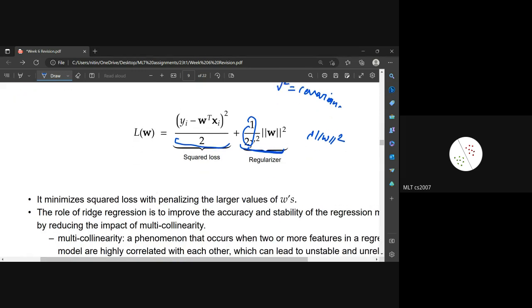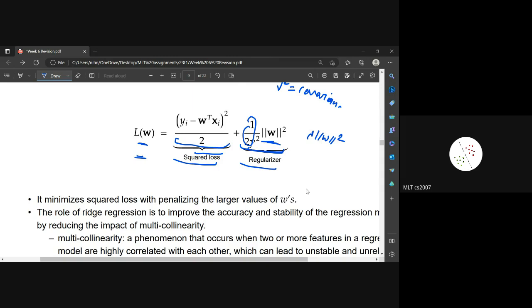So our task is to minimize this loss, right? Minimizing means you are minimizing the squared loss, and you are also making sure that the magnitude of W does not become very large, because if the magnitude of W becomes large, this whole quantity will become large, and our task is to minimize this. So along with minimizing the squared loss, you are making sure that your W's are close to 0, or the magnitude of W is very low, right?